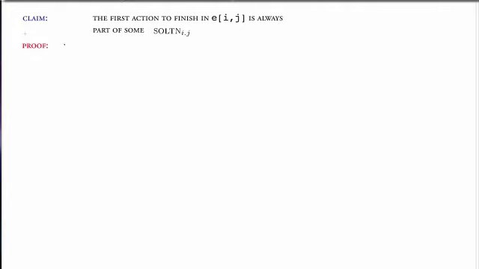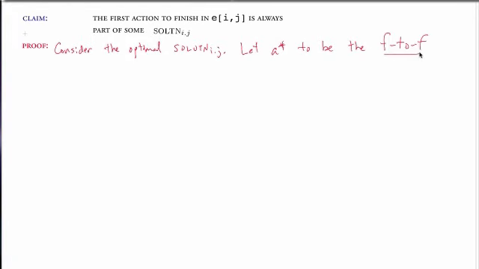So let's say, consider the optimal. So this F to F, that stands for first to finish. So let A star be the first to finish in the period ij.